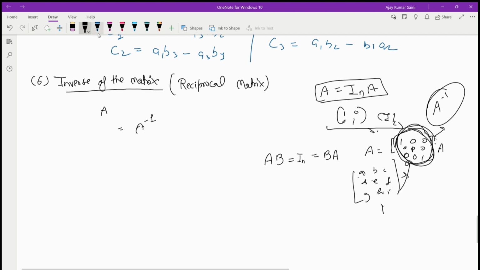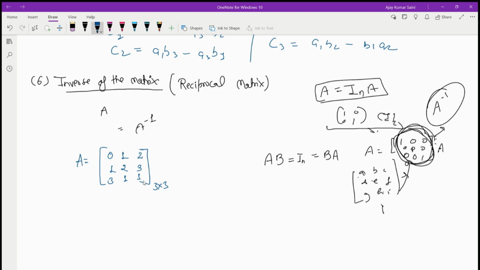I take an example: there is a matrix A of order 3 by 3. It is 0, 1, 2, 1, 2, 3, 3, 1, 1. This is our matrix.